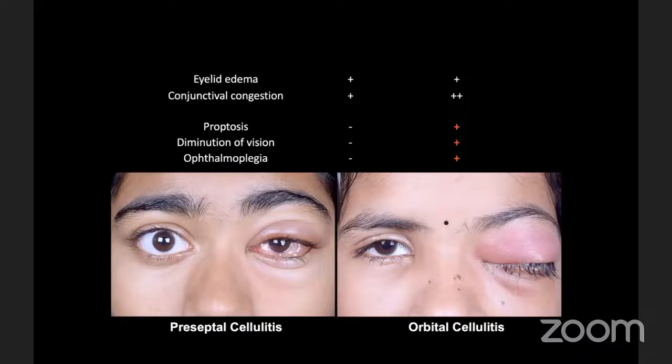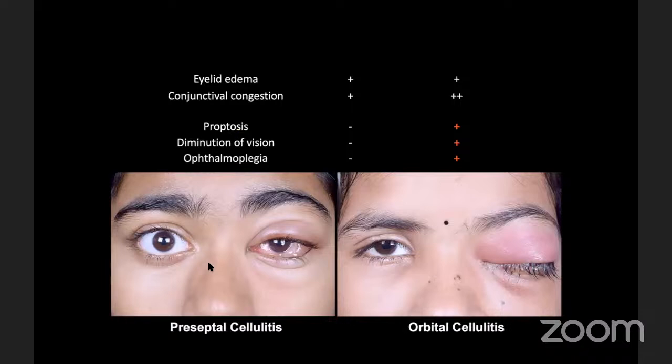In that, you can see that there is lid edema, there is conjunctival congestion, but you can clinically evaluate and see that there is no significant proptosis, and there was no blurring of vision in this particular case. And if you examine the ocular motility, you would know that there would be no ophthalmoplegia.